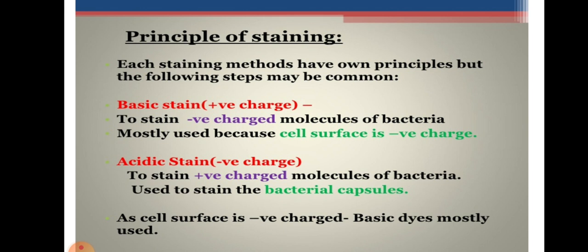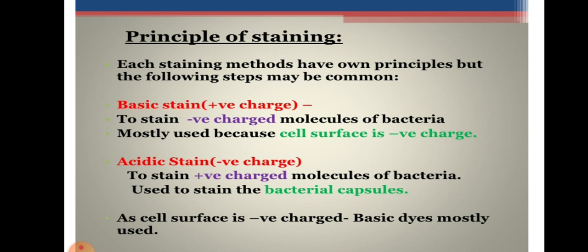Principle of staining. Each staining method has its own principle, but the following steps may be common in all the methods, whether it is simple staining, differential staining, or special structure staining. The basic stain, which is positively charged, is used to stain the negatively charged molecules of bacteria, and is mostly used because cell surfaces are negatively charged.